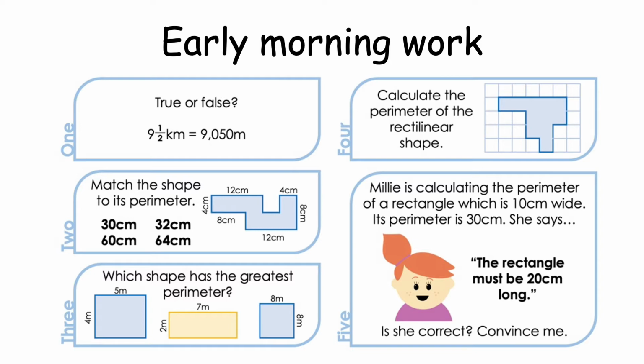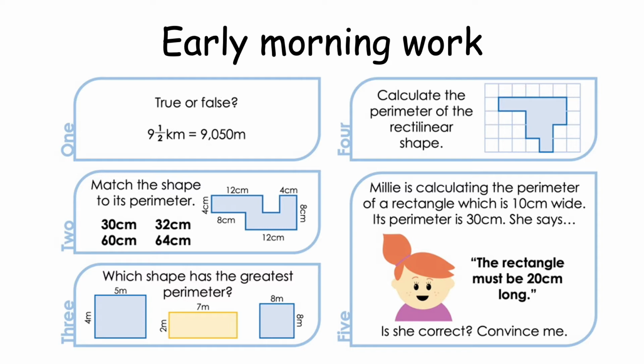Number three, we've done this. Which shape has the greatest perimeter? Work out the perimeters and then decide. Number four, calculate the perimeter of the rectilinear shape. So you have to work out what the perimeter is of the outside of the shape. Then, number five, Millie is calculating the perimeter of a rectangle which is 10 centimeters wide.